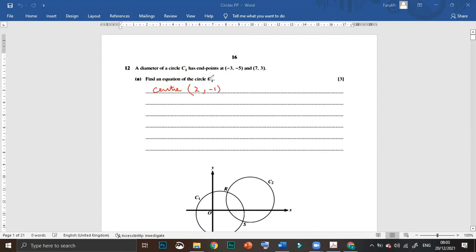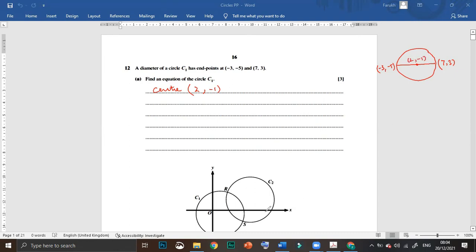Now, if this is a circle, these are the 2 points, (-3, -5) and (7, 3). This one is the midpoint, (2, -1).